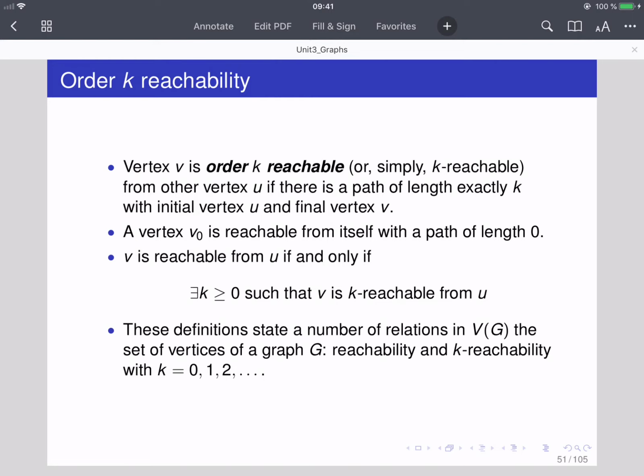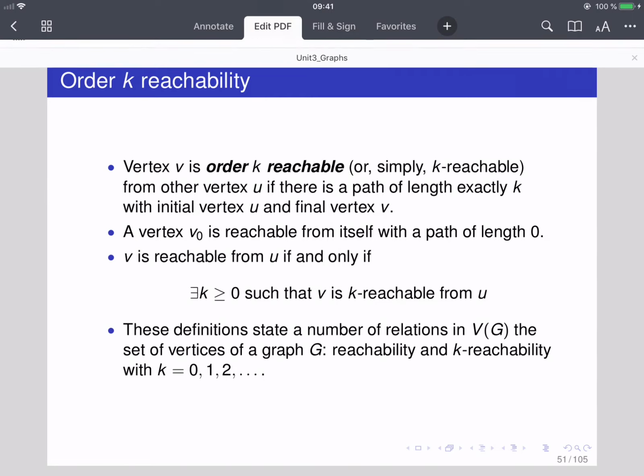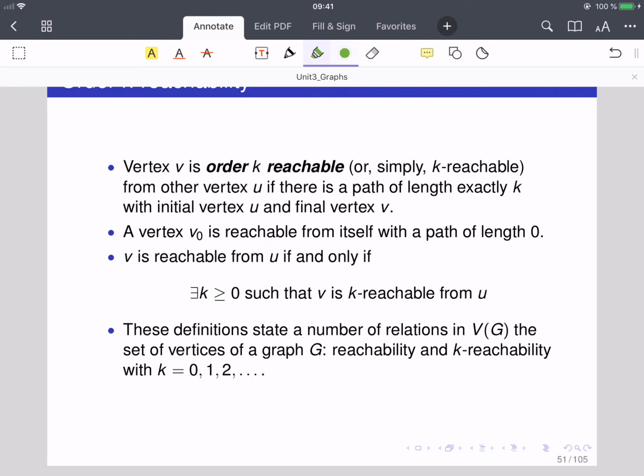Okay, so then, as a particular case, a vertex is always reachable from itself with a path of length 0, so it's always 0 reachable from itself.